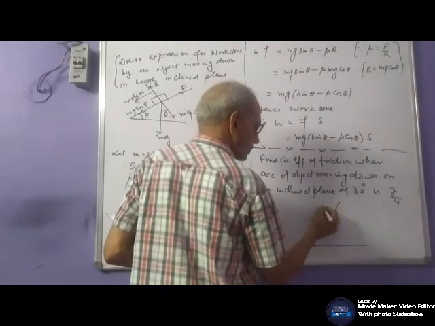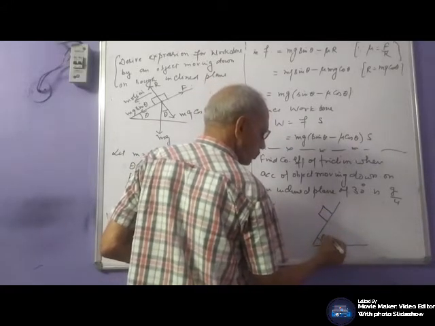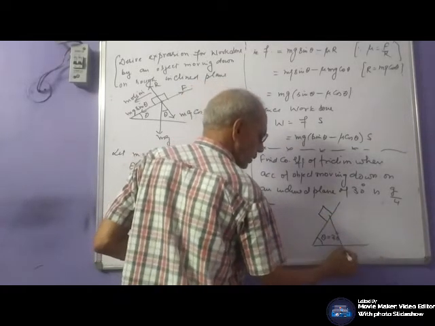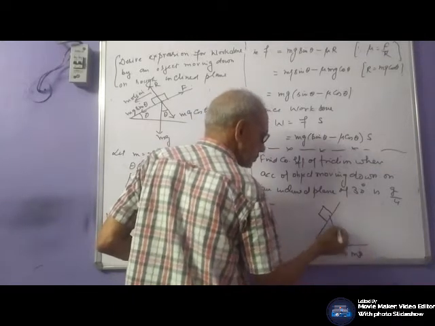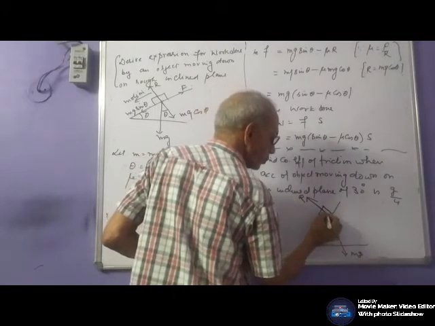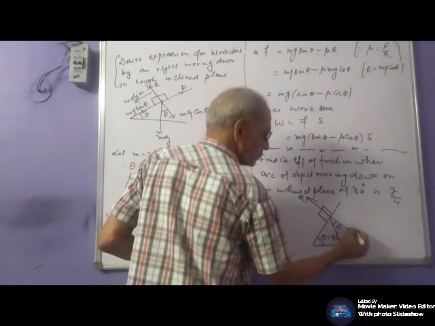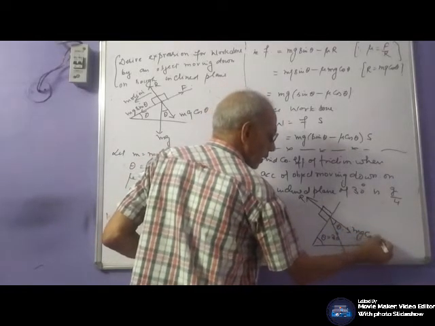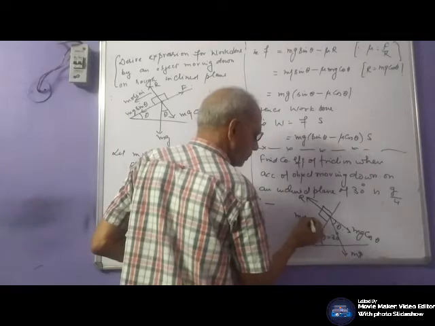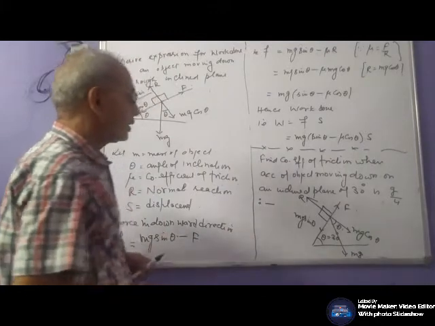This is object, this is theta, this will be weight, this is normal reaction. This will also be theta. Resolve this mg. mg cos theta. Here it will be mg sin theta. Here is force of friction.